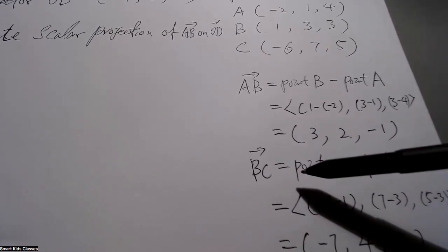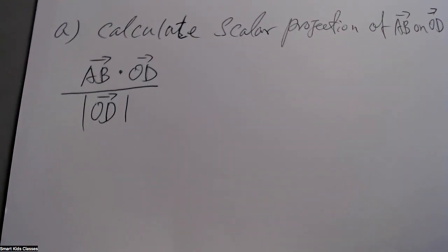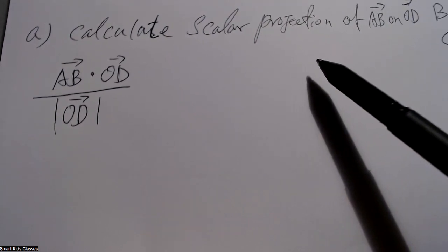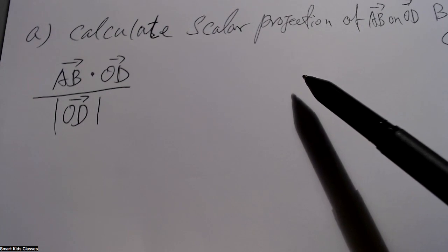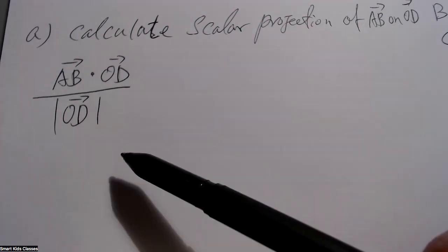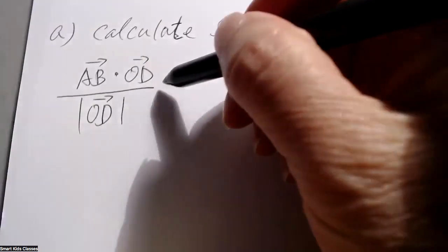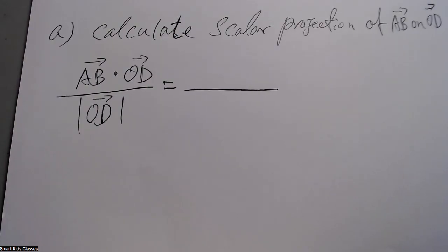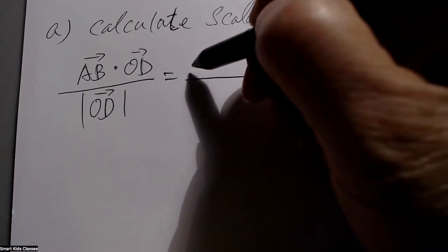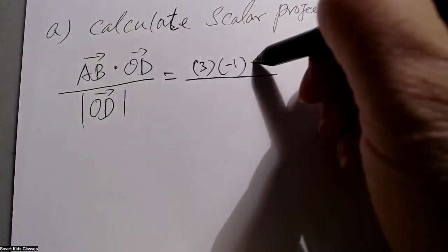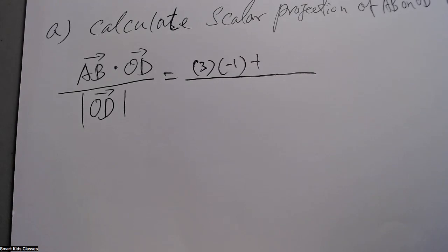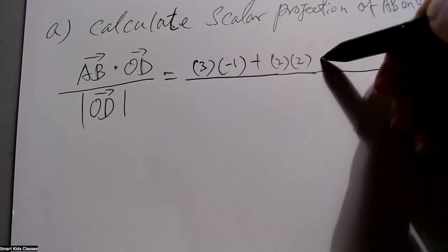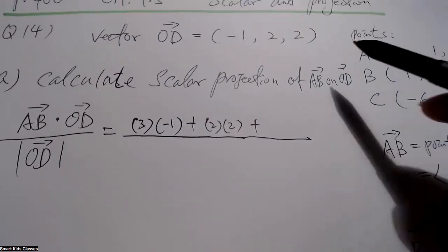Since we got all the vectors, let's do the calculation for the scalar projection of vector AB on OD, divided by the magnitude of OD. So we take AB, which is 3, so 3 times -1, and then plus 2 times 2, and then plus -1 times 2.